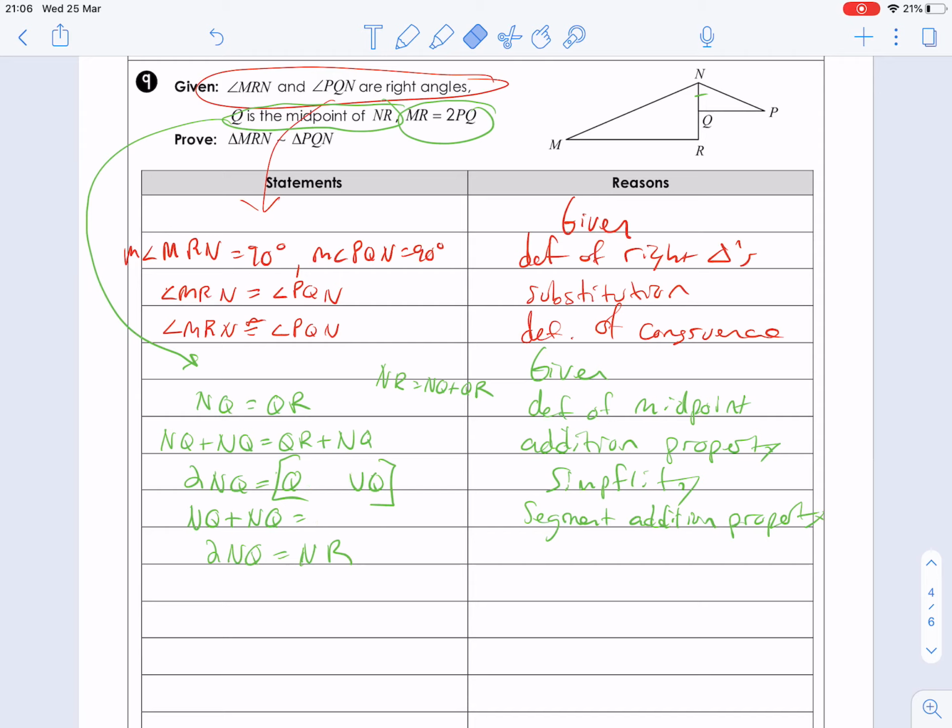Substitute here. I would say that's just simplifying. Okay, and then if we divide by NQ, we get 2 equals NR over NQ based on division property.